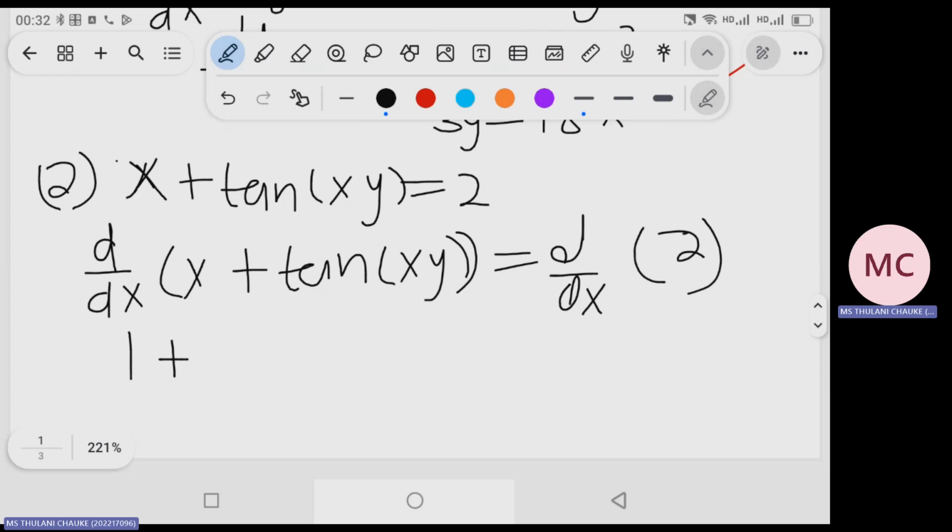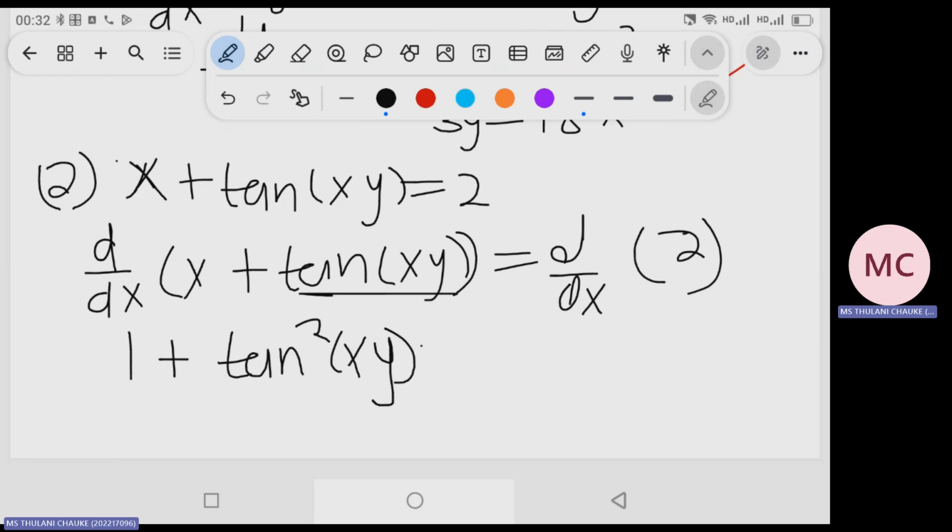Then you'll have 1 plus the derivative of this one, which will be sec squared of xy, multiplied by, you also have to differentiate the inside. And now the derivative of xy.